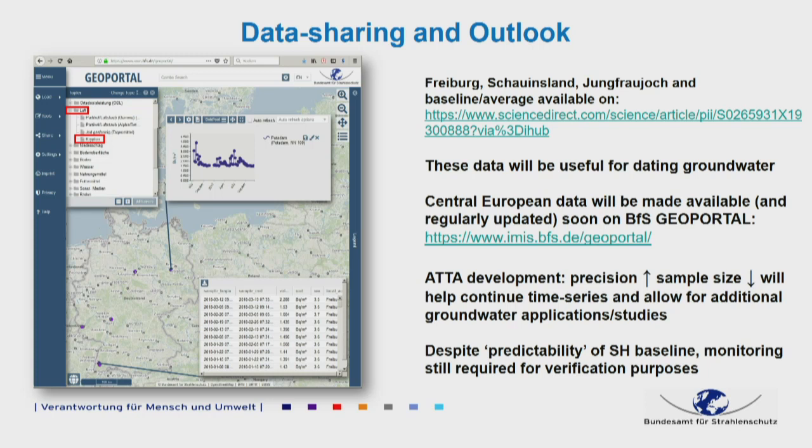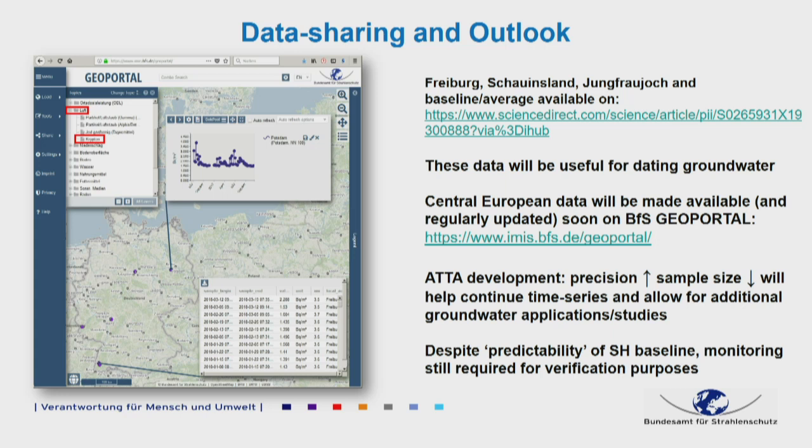Now, to my last slide, a bit of an outlook and conclusions on data sharing. The data from Freiburg, Schauinsland, and Jungfraujoch are publicly available under that link. These data will, of course, be useful in particular for dating young groundwaters. The Central European data will be available soon on the BFS geoportal.